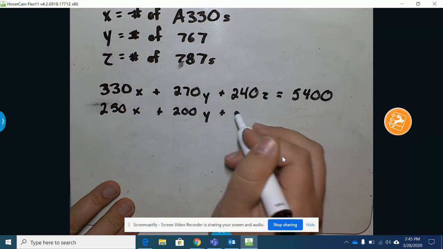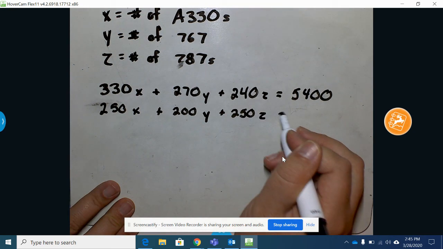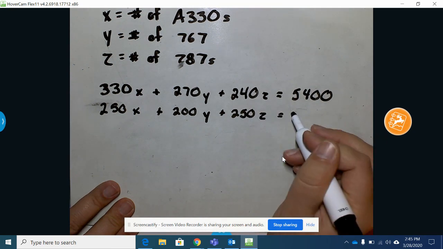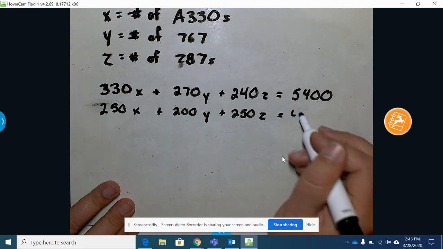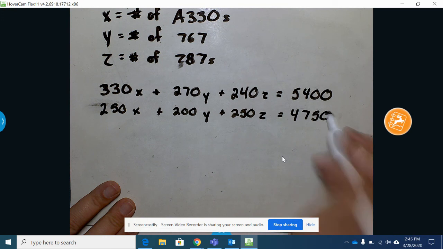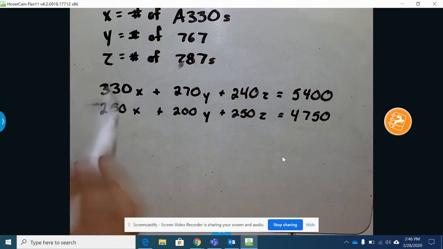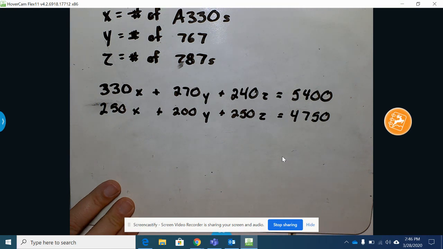And the 787s cost $250 million each. And they spent a total of $4,750 million. All right. So we have 3 variables and 2 equations. What we want is 3 variables and 3 equations.